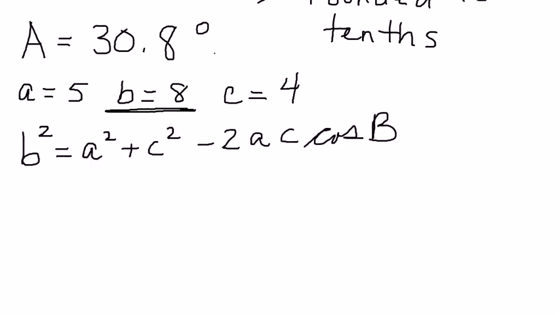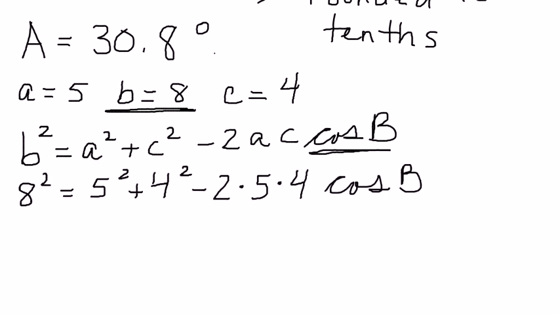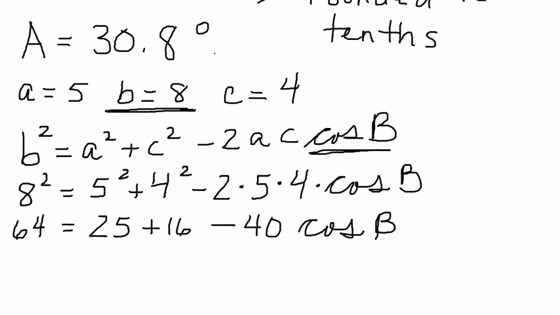We will use the form of the law of cosines which involves angle B. We will substitute in our values for b, a, and c. 8 squared is equal to 5 squared plus 4 squared minus 2 times 5 times 4 times the cosine of B. We'll do a little simplifying here.